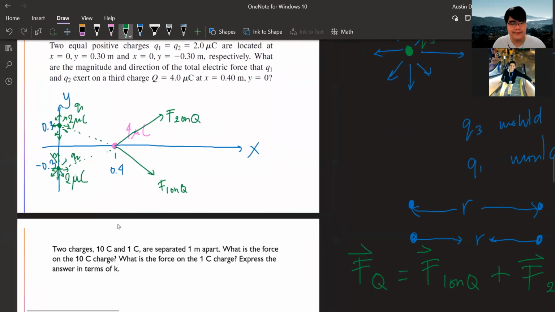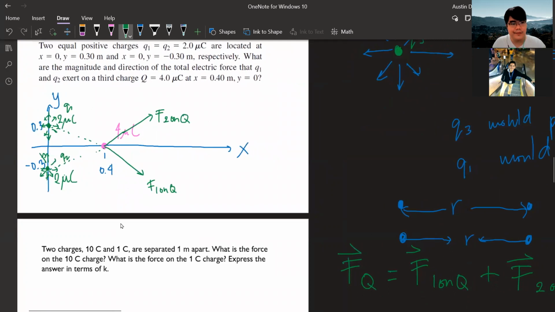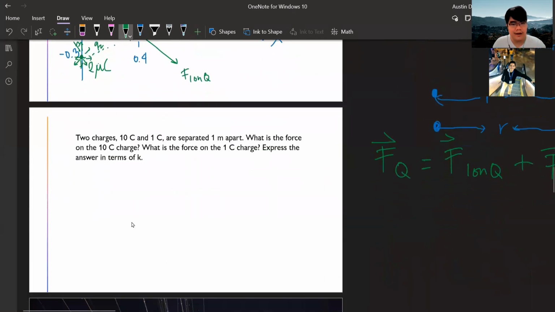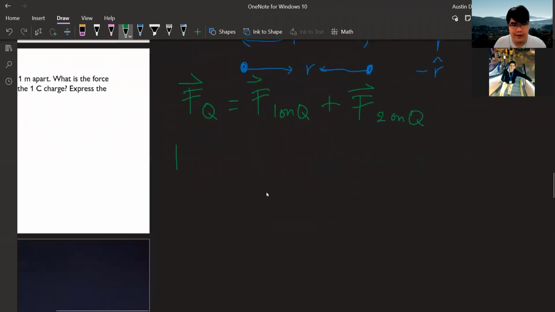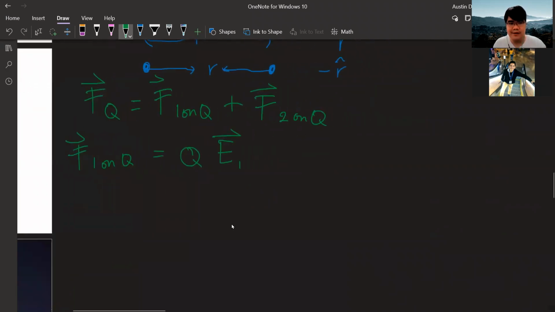Okay. Okay. Sige. Now, let's do F1 on Q. F1 on Q. That would be Q times yung E1. Diba? Diba? F is equal to QE. So, paulit-ulit lang tayo. Ganun lang ulit gagawin mo.